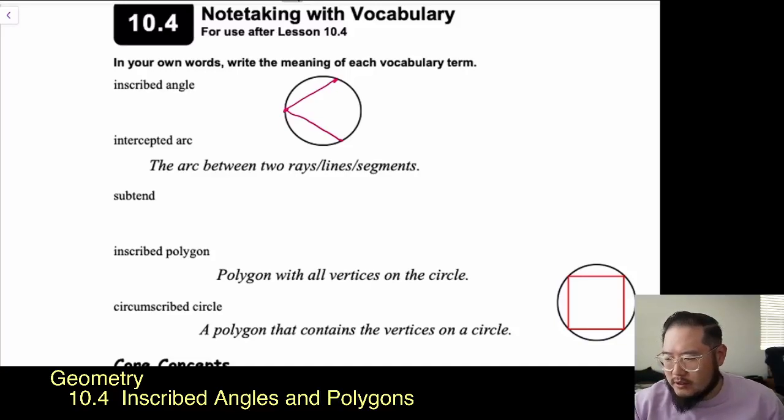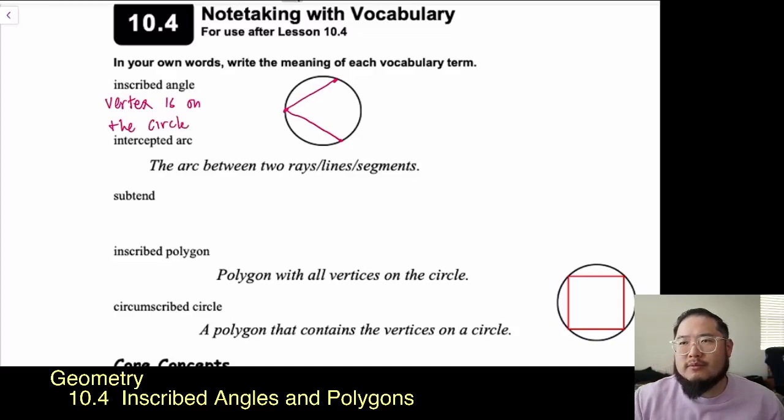And one thing to make sure to add is that the vertex is on the circle. So there we have an inscribed angle, an angle that is inside of the circle, but the vertex happens to be on the circle itself.